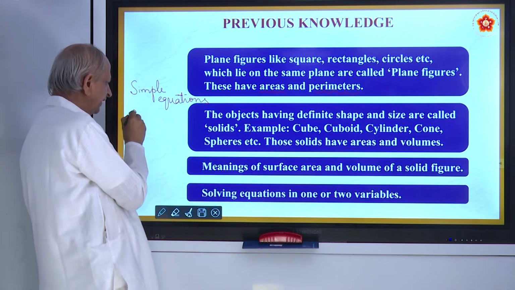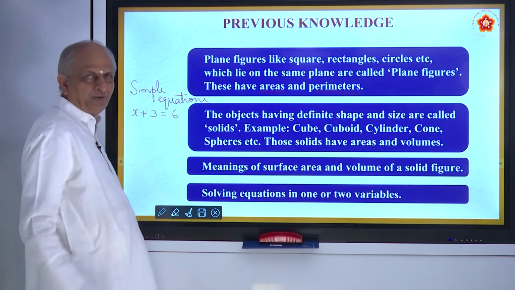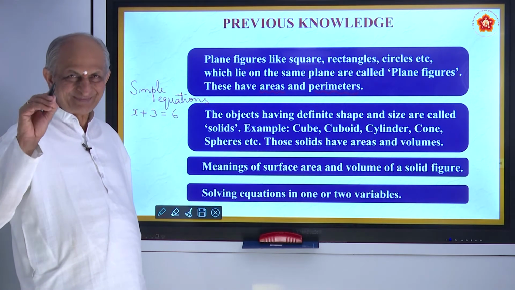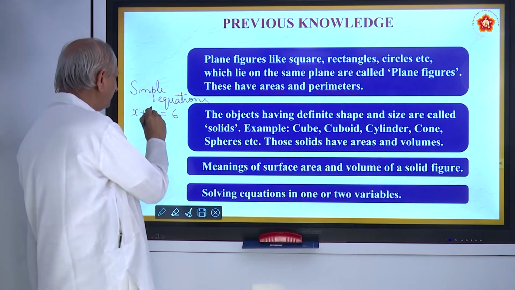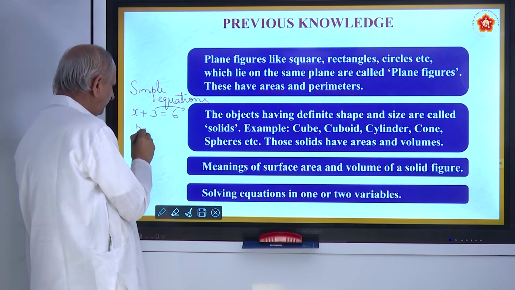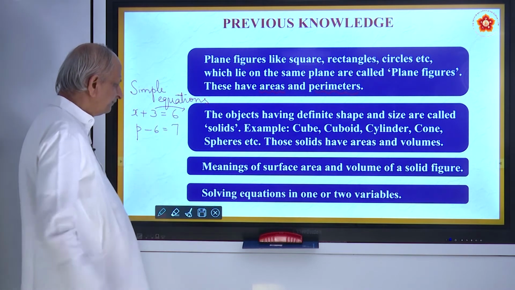Like this, x plus 3 is equal to 6. What is the value of x? x is 6 minus 3. Plus 3 will be brought this side, it becomes minus. Or it may be p minus 6 is equal to 7.